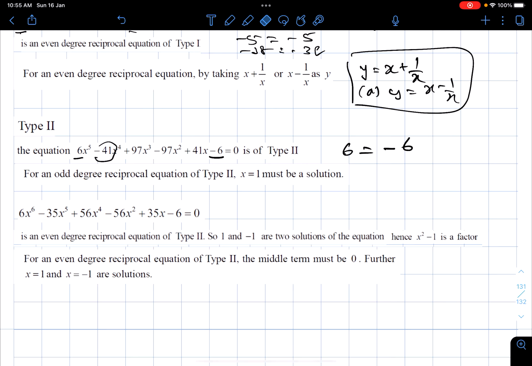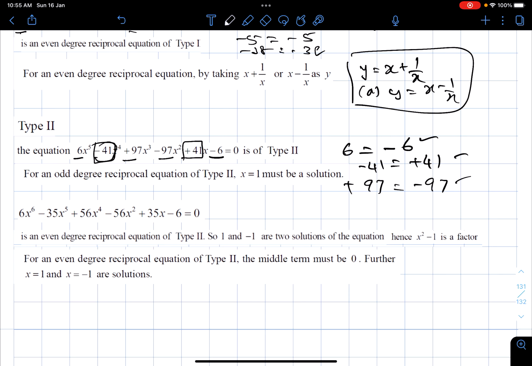So here if you take the second element, and here when you take the second last, okay, minus 41 equal to plus 41, and here the third last and the third from the first, you will get plus 97 equal to minus 97. The numbers are equal, but when you see the sign, it is opposite sign.